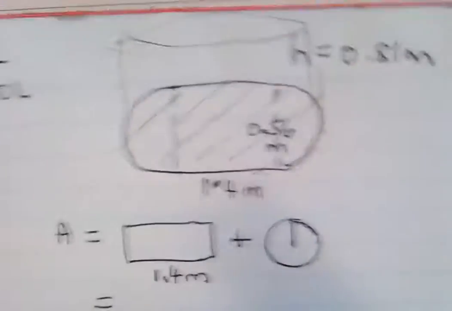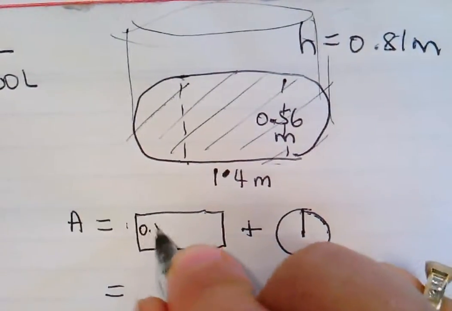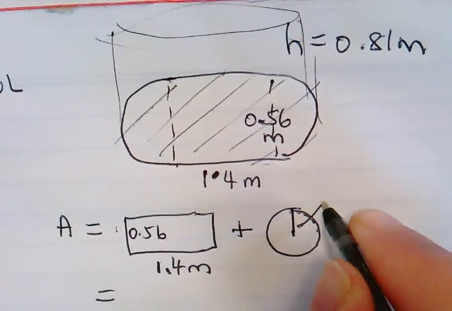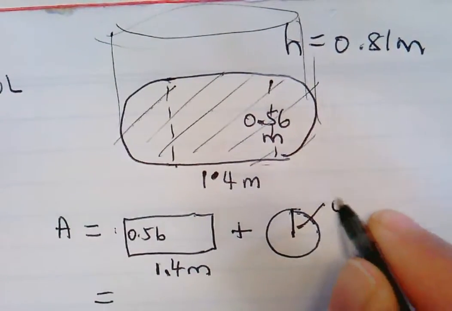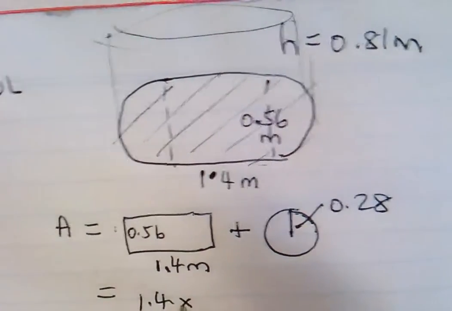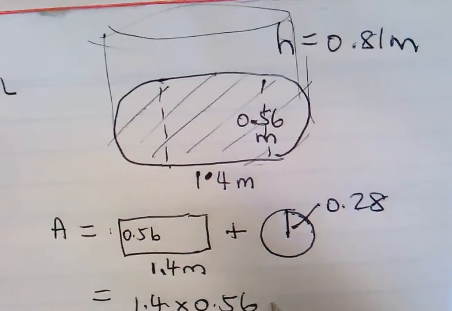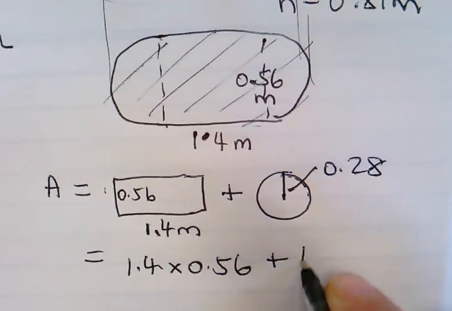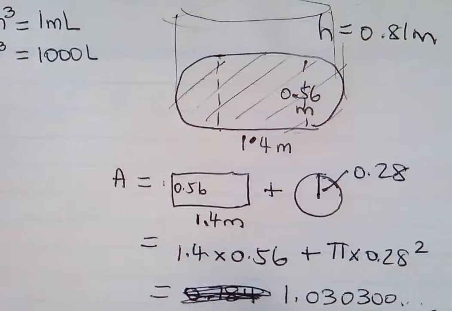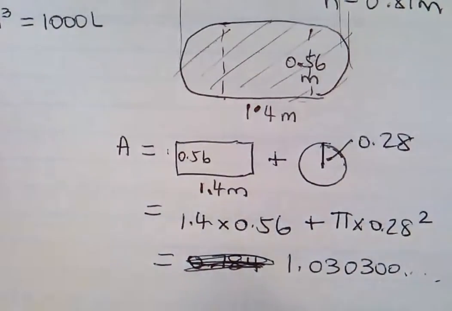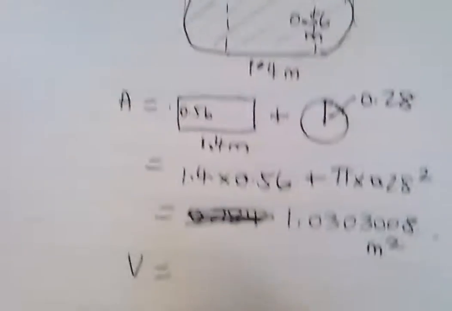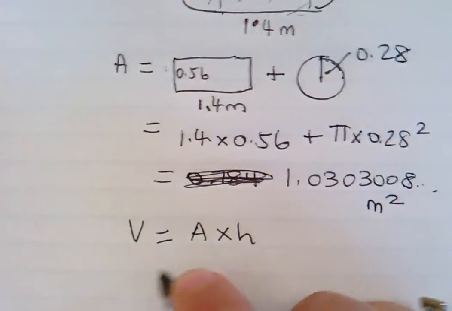What's the other length here? 0.56. If I'm doing the area of a circle, it's pi r squared, so half of that is 0.28. So therefore the area is 1.4 times 0.56 plus pi times 0.28 squared, getting 1.030308, etc. metres squared.